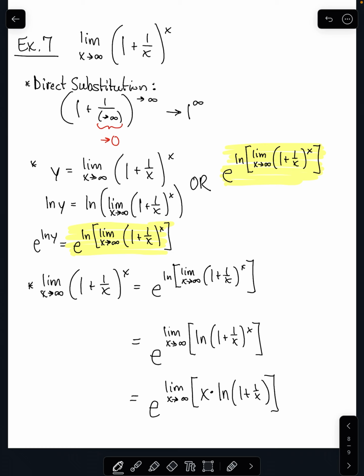This breaks the exponential form 1 to the infinity, but it does not produce the fraction form of either 0 over 0 or infinity over infinity, but it does produce a multiplicative form. Continuing with this, we are now able to evaluate the limit by direct substitution.